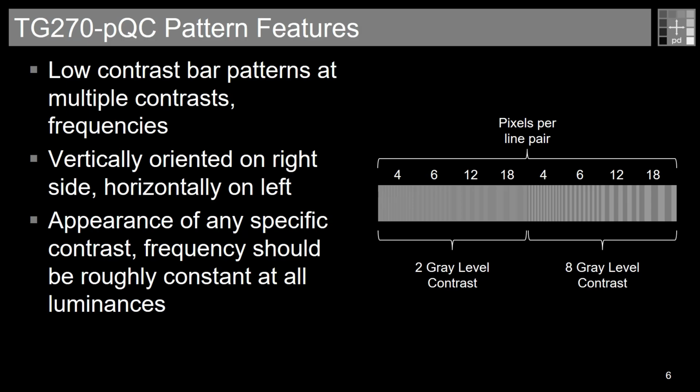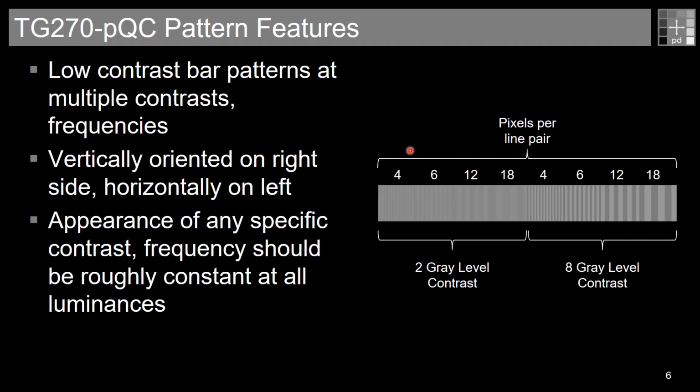On the right side of the central column, they're vertically oriented, while on the left side of the central column, they're horizontally oriented. The way to use this section of the test pattern is to scan your eye up and down vertically along the test pattern at a given contrast and frequency, and assuming DICOM GSDF conformance, the appearance of that contrast and frequency should appear roughly constant throughout the gray level response.